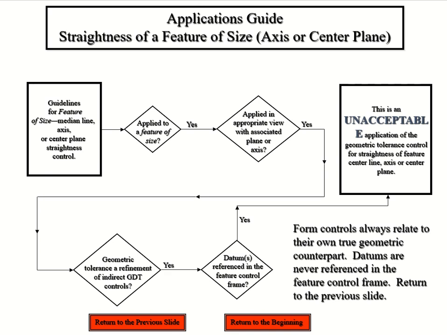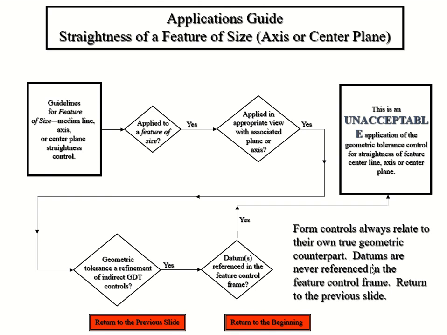Then you take a look at your datum. If a datum reference is in the feature control frame, then it's unacceptable. Why? Because datums are never referenced in the feature control frame. Your little feature control frame always has just two boxes in there.